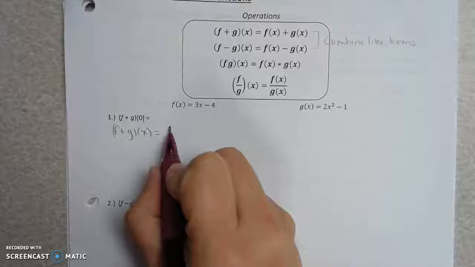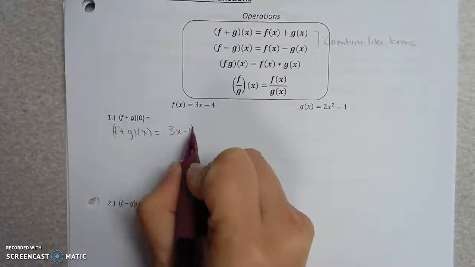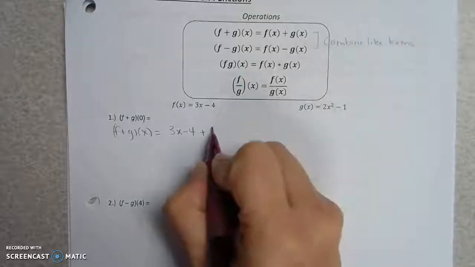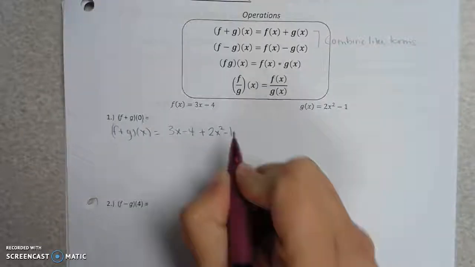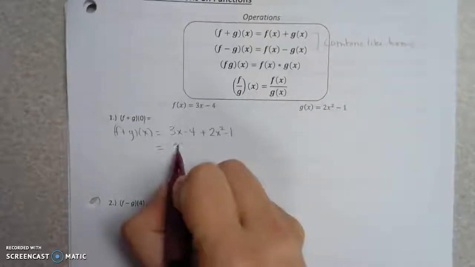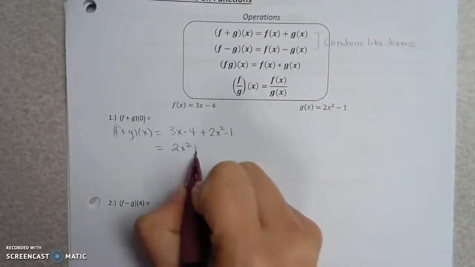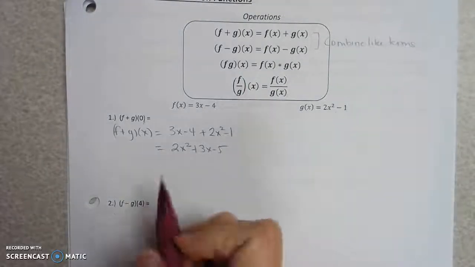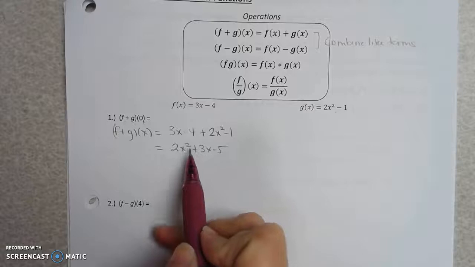So f is 3x minus 4, and I want to add to it the function g, which is 2x squared minus 1. To do that I simply combine like terms. So I'll have 2x squared plus 3x minus 5. This is just the function (f plus g)(x).